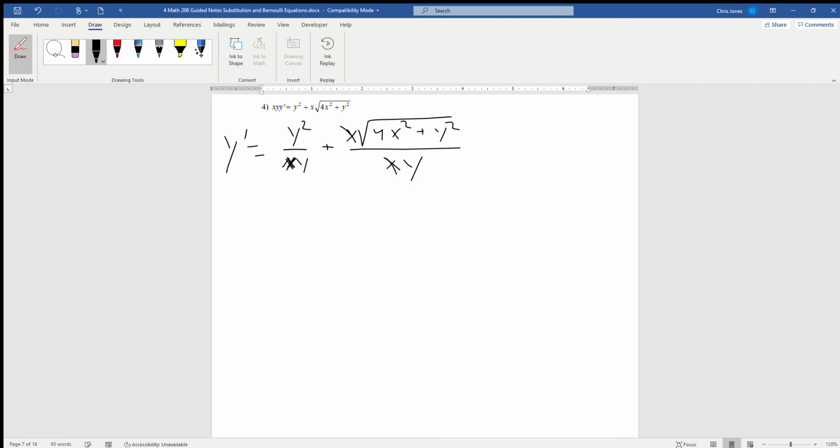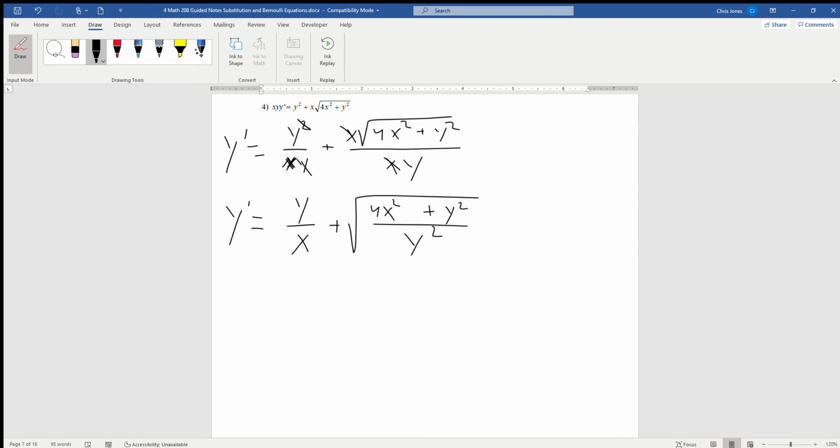X's are going to cancel, one of the y's is going to cancel, and so what we end up with is y prime is equal to y over x. And we're going to use that trick where we move the y underneath of the radical again. So it's going to be the square root of 4x squared plus y squared. And don't forget, when we move the y under the radical, we make that into y squared.